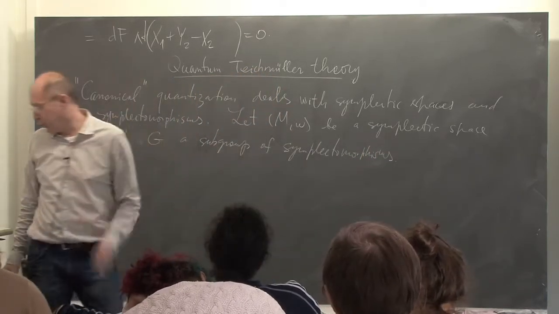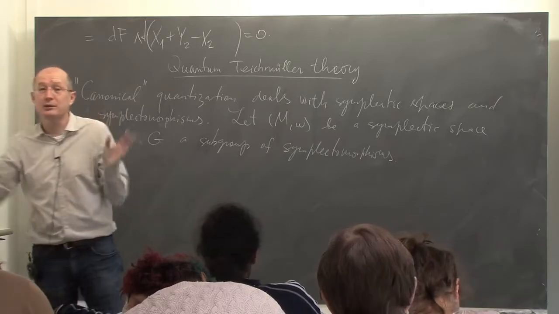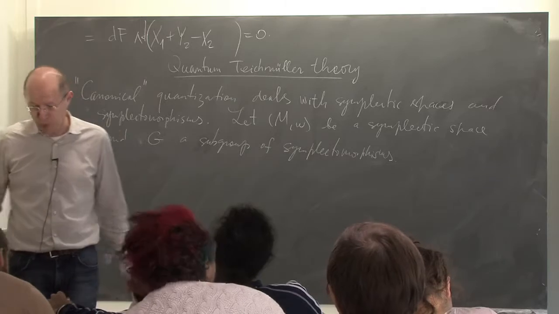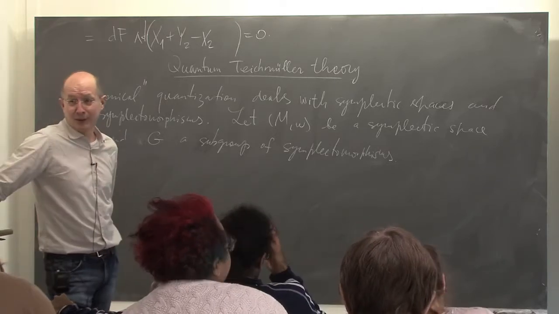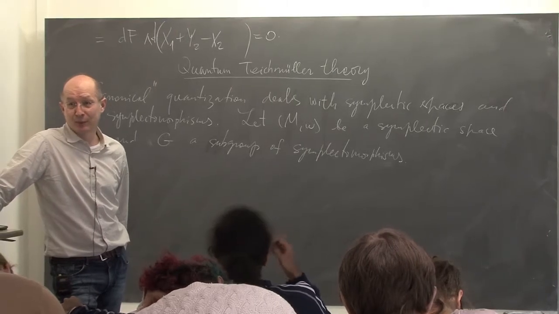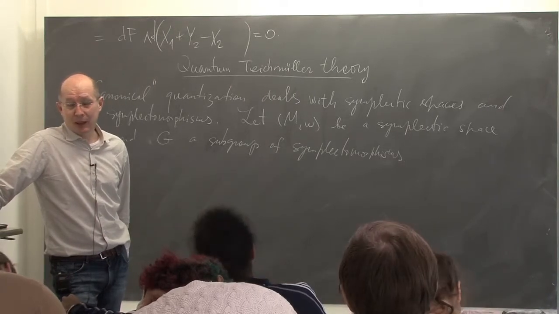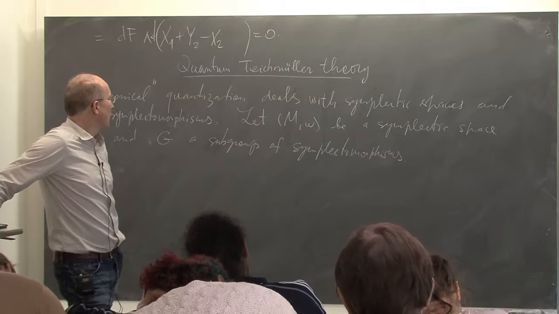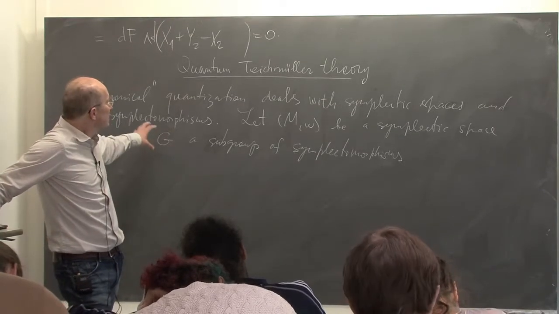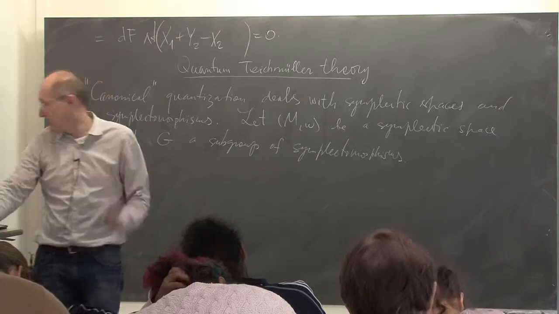So we cannot hope to deal with the whole symplectic group. Usually I think there are some no-go theorems saying that it's impossible to quantize the whole symplectic group. So in practice, we always deal with just some sufficiently small subgroup of the whole symplectic group.